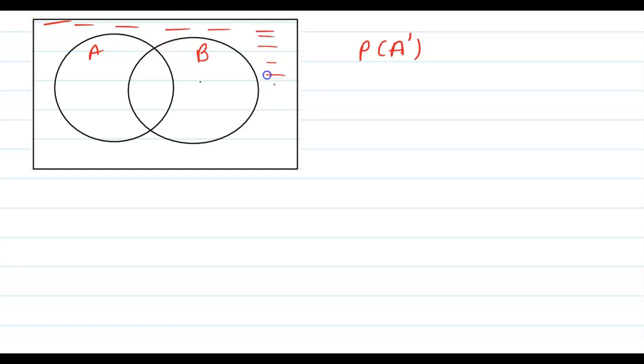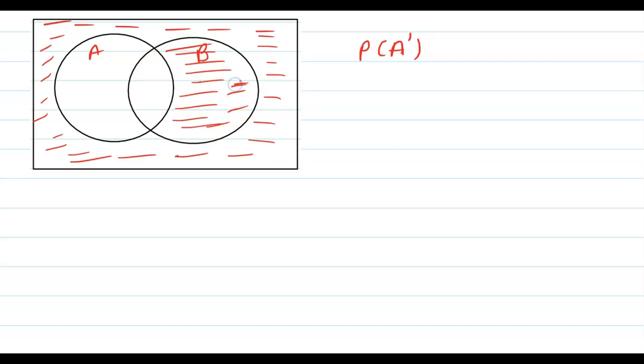This is not A, and this is also not A. Don't touch A. Apart from A, whatever is left over, that is not A. So that is the diagram of P not A.